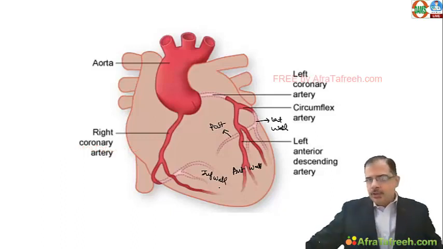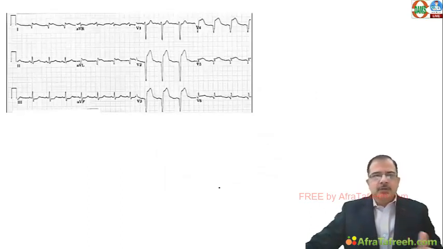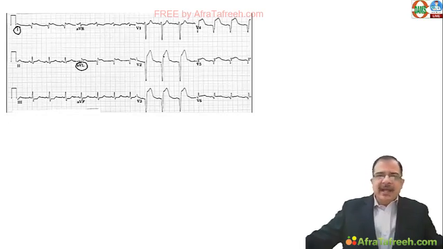And you might get a question on ECG leads. These leads show ST elevation, so which wall MI is there and which is the culprit vessel? In this diagram, the ST elevation is seen in lead 1 and aVL, which are the lateral wall leads, as well as from V2 to V6.